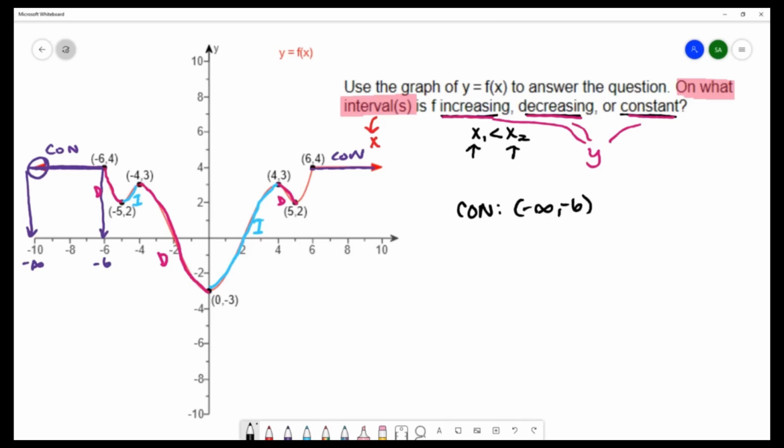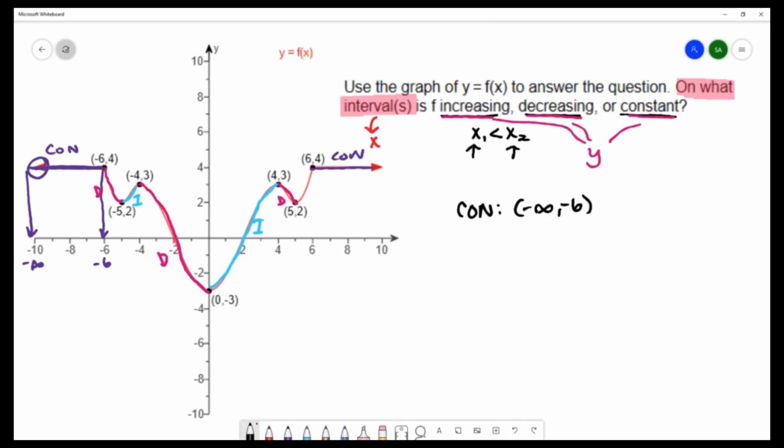Now, I've used open intervals because the definition in this book gives open intervals, but there are other sources where the definition could include closed intervals as well. And a closed interval would be if you had a bracket on this negative 6 instead of a parenthesis.